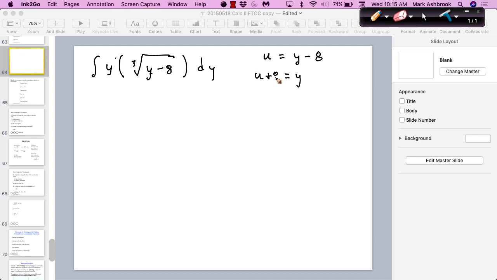We also need to know what dy is. So take the rate of change of this. Rate of change of that is 1. What does the rate of change being 1 mean? It means given any change in u, the change in y would be 1 times that change in u. So there's my dy.